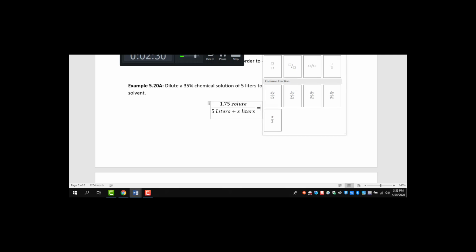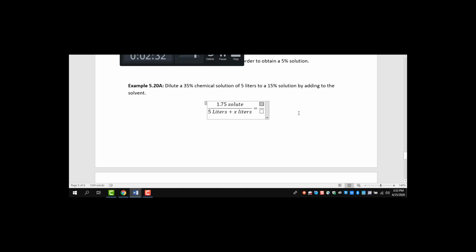I'm going to keep the same amount of the solute, but I'm just going to add to the solvent. And when I'm done adding, I want to have a ratio that's equal to, what am I going to put there? Think about it. 15 over 100. I want this to be equal to 15 over 100.